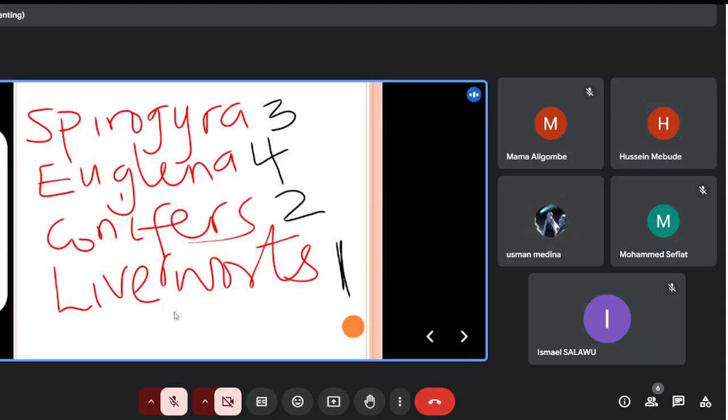Is this in order of increase or in order of decrease? Is it according to their complexity or simplicity? Is it increasing complexity or decreasing complexity? Let me know which order you have given me.